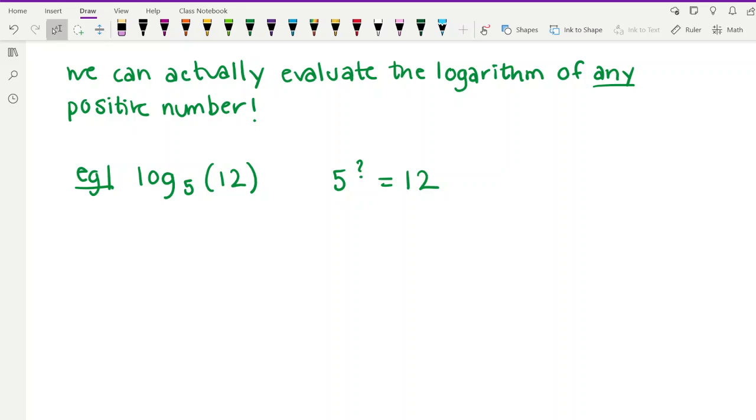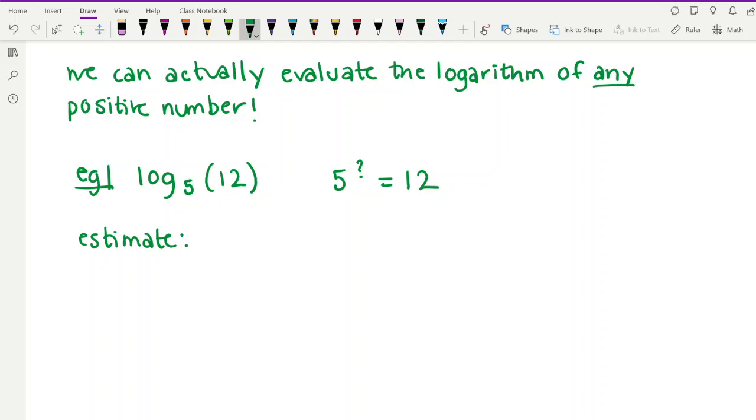There's actually always going to be some exponent that you can raise any base to and get any other positive number. So let's try to estimate what this question mark would be. How could we go about estimating what we think log base 5 of 12 is going to be?